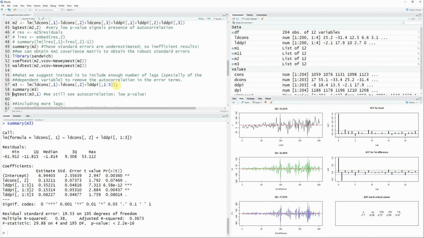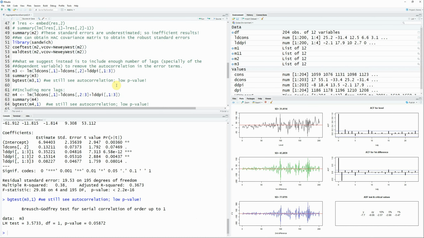Run that, we get the summary of it, and pretty much every term is significant there, and then run the BG test, and we have a low p-value. It's not lower than 5%, but it's close enough to consider the serial correlation. So let's add more lags.